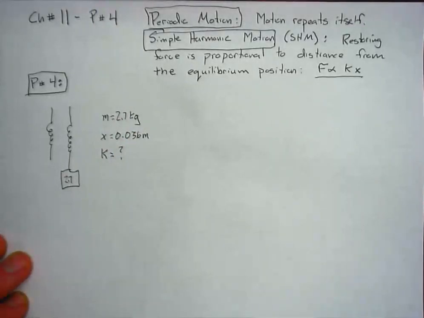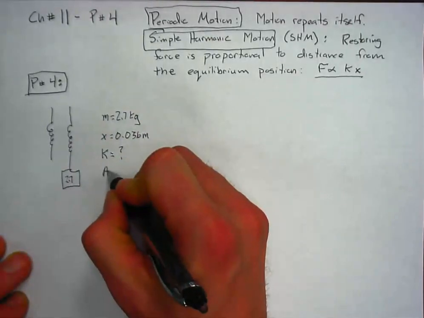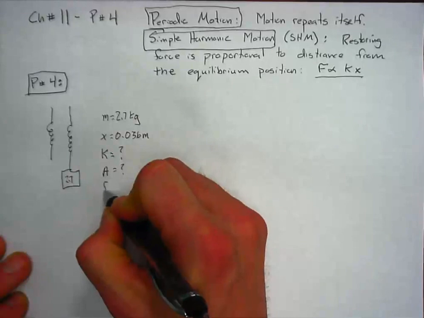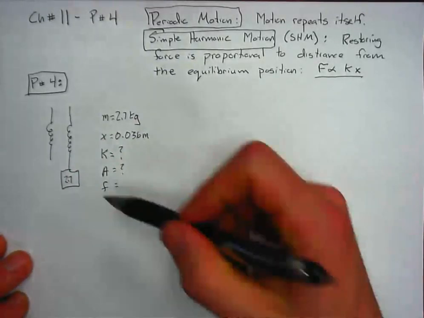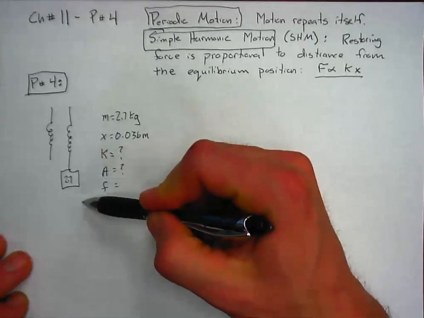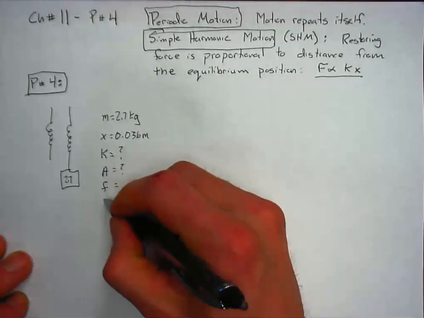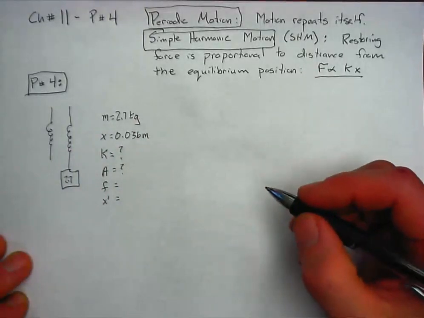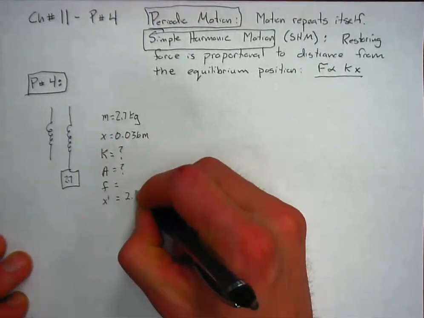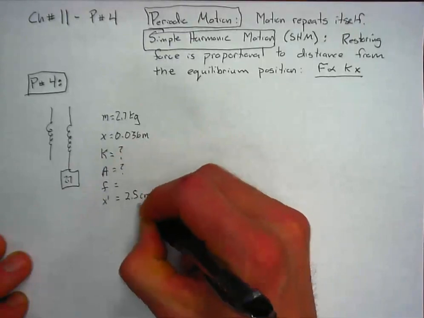And the second question is, what would be the amplitude and the frequency of the scale? So in other words, if you took this mass and pulled it down a little bit, I think they said in the problem that it gets pulled down an extra 2.5 centimeters more, or 0.025 meters.